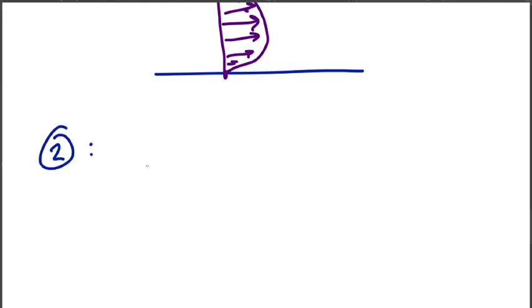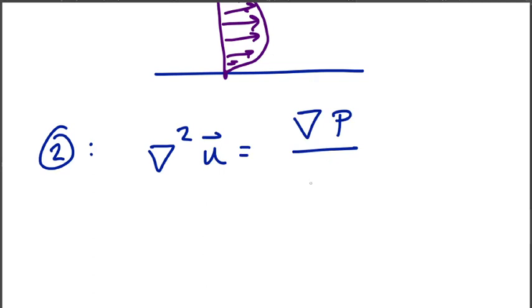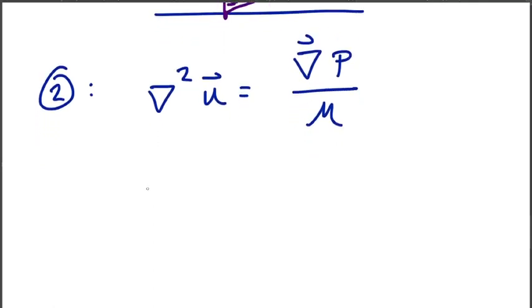Since we have that the Laplacian of u is equal to grad p over mu from our momentum equation, we could either use this to solve for u, or if we instead know u and we know grad p, then in some sense, we can invert for mu.